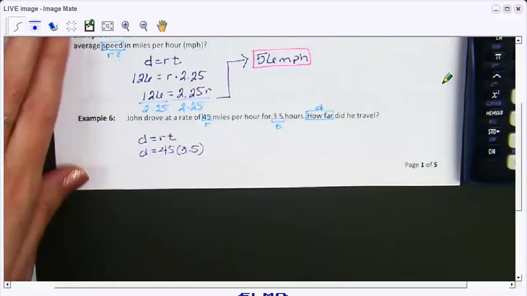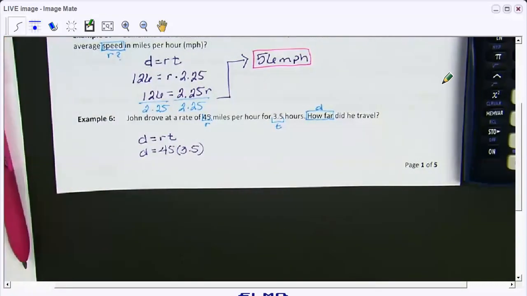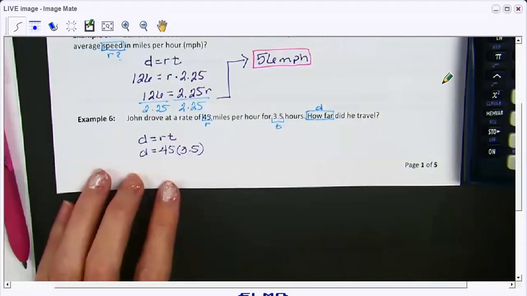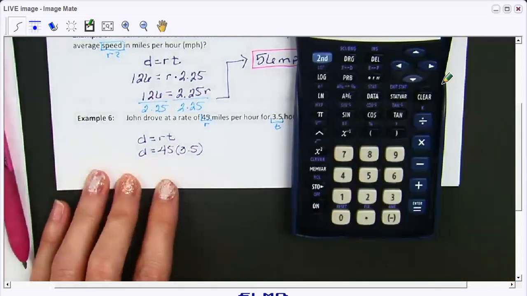When you are finished, go ahead and check to make sure you set that up correctly. And then, are there any questions about setting it up?